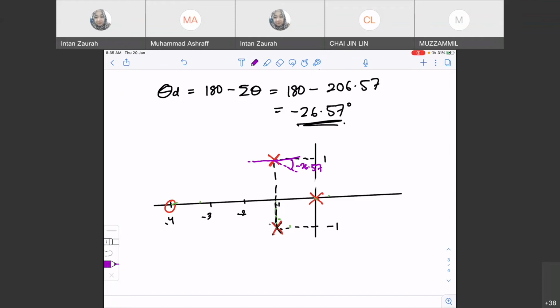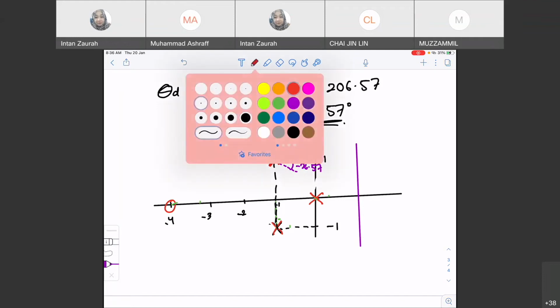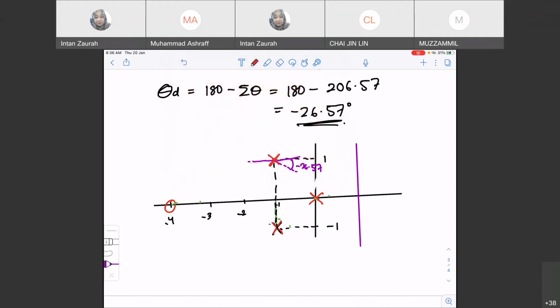Okay, so then you remember you have your asymptote just now dekat positive 1, right? So that's your asymptote. So basically what happens, your locus will leave your poles from the center of your poles. It will leave following the negative 26.57.